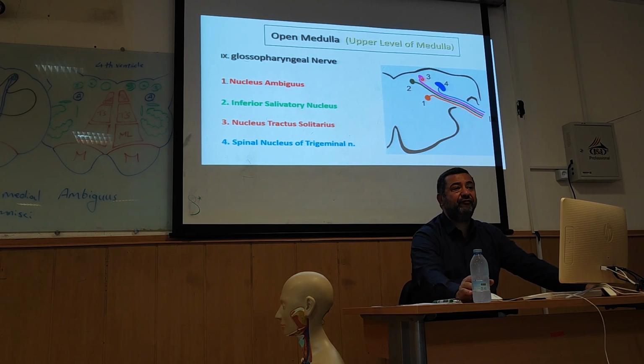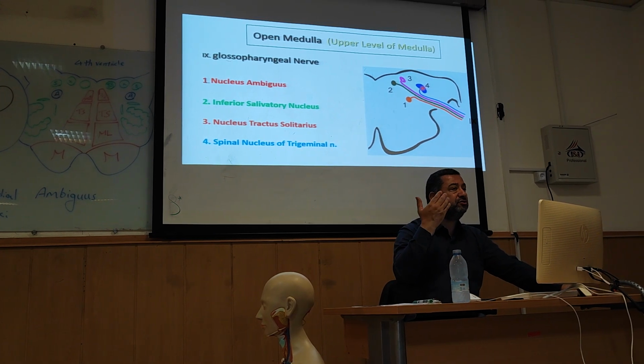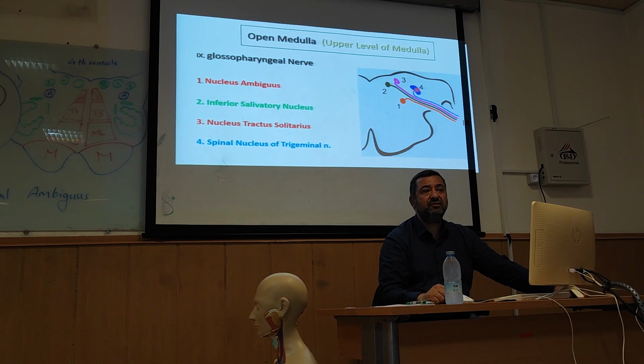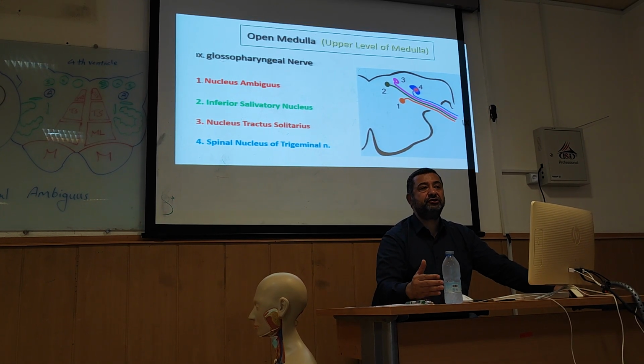Sensory nucleus for tasting of the posterior 1/3 of the tongue is solitarius. And general sensory nucleus for the posterior 1/3 of the tongue is spinal nucleus of the trigeminal nerve.